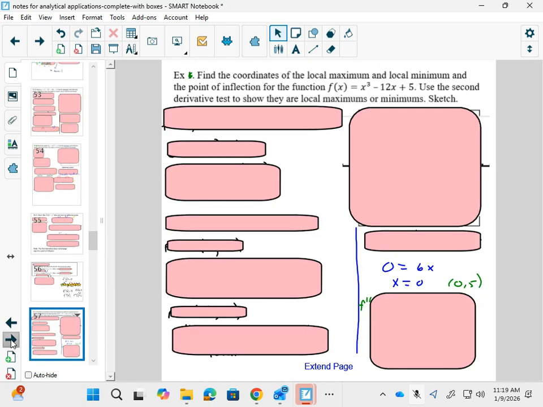So we're going to use the second derivative test in this question specifically to show their maxes and mins. It's an x cubed graph.